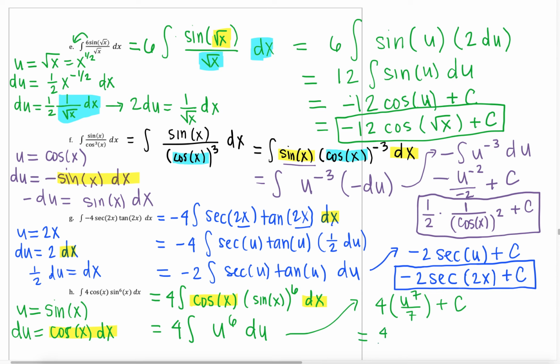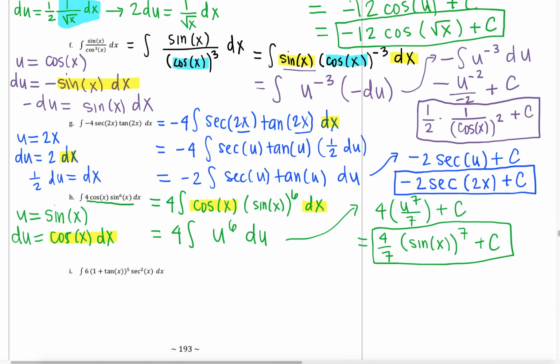The last thing we need to do is replace the u with sine, since that's what u is equal to, and we end up with 4 over 7 times sine to the 7th power plus c. And again, if we take the derivative of that, we will get back our original integrand that we had to start with.